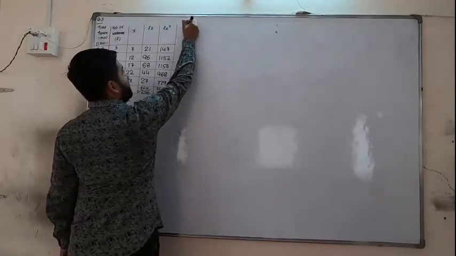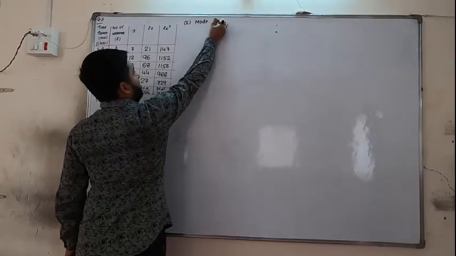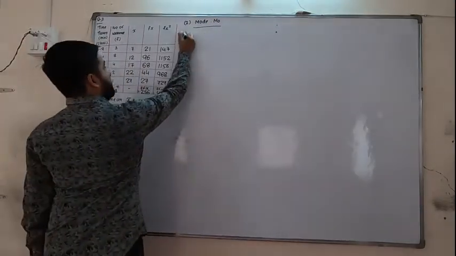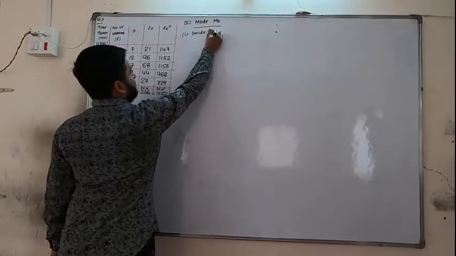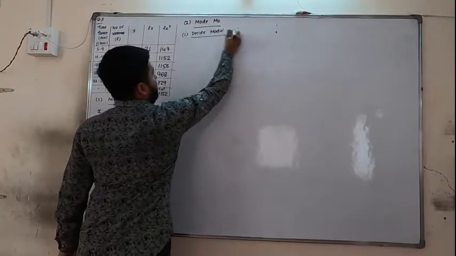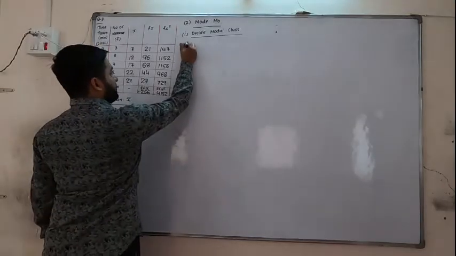Second thing that is required is mode Mo. Now here there are classes, so we have to do two steps. First step is to decide the modal class. It is not mode, it's modal class. How to decide?